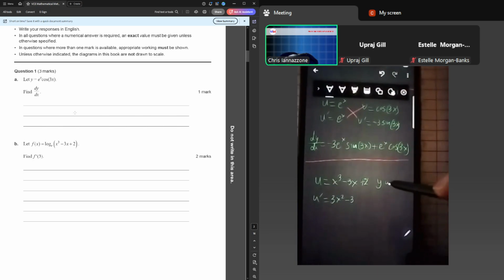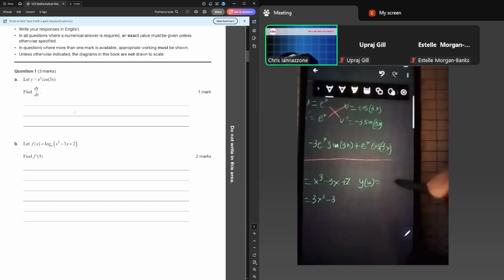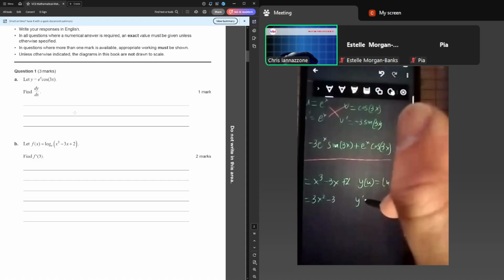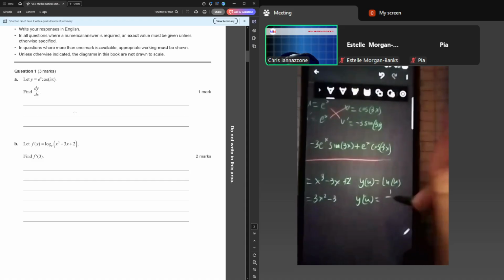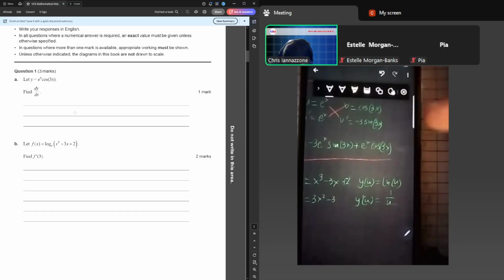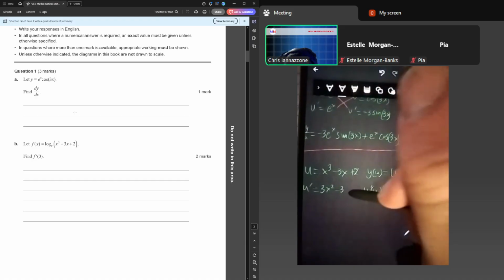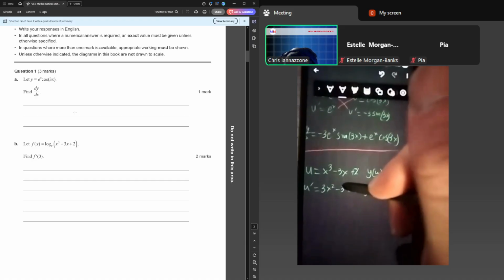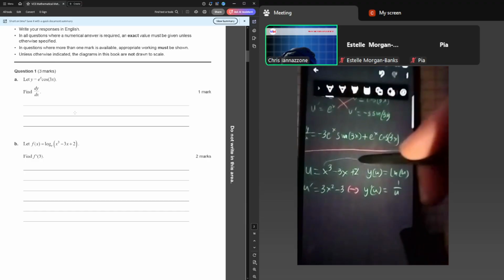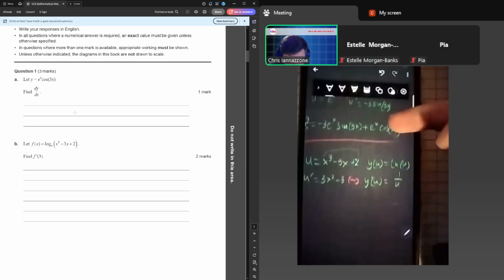From there, I'll typically write y of u just to remind myself that I've done the substitution. And then, once you do your y dash of u, we know that's just going to be 1 over u. You can read that directly off your formula sheet. Completing the chain rule is the multiplier of this, which is why this ends up being in the numerator, and the denominator ends up being whatever's the bracket of the log.